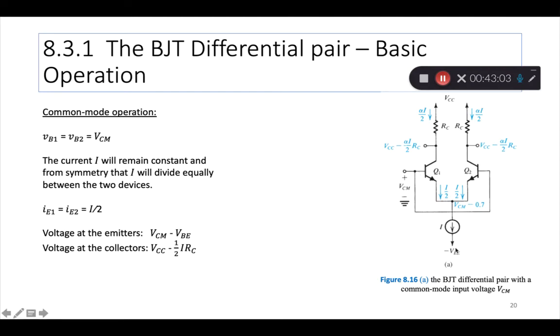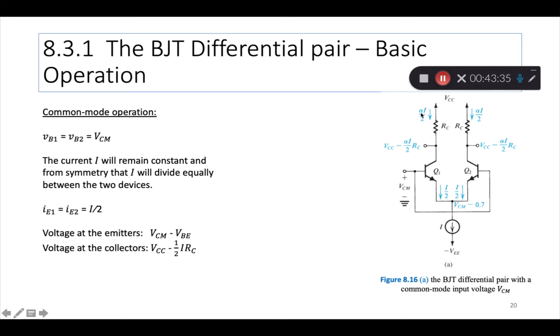The two base terminals are tied together, and one input voltage, VCM, is applied to both the bases. So the same base voltage applies to both. Hence, you expect that if the similarity is true between BJT and MOSFET differential pairs, then everything that we learned from MOSFET also applies here, which is true.